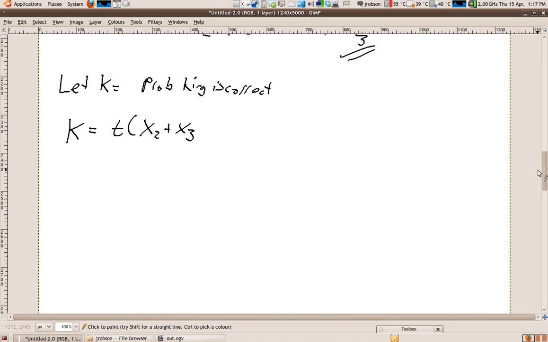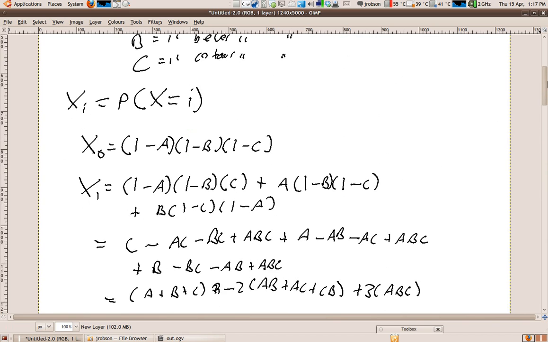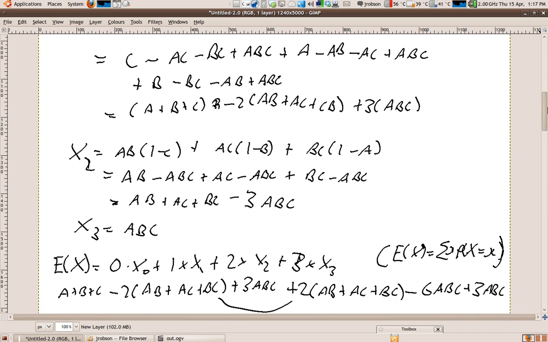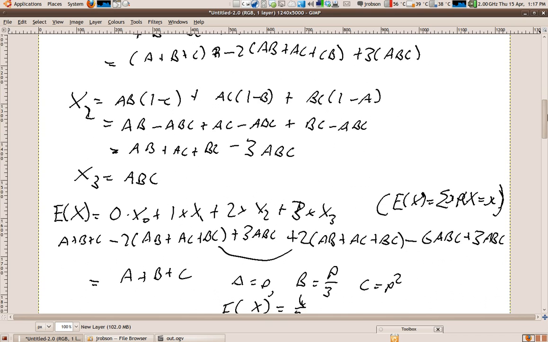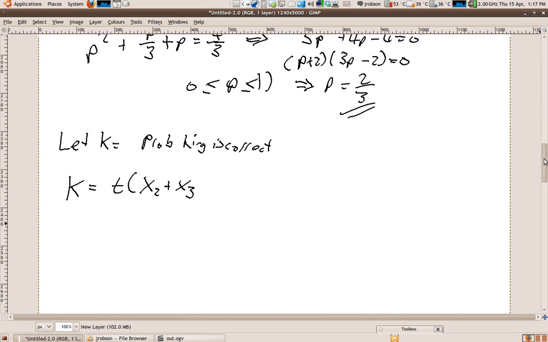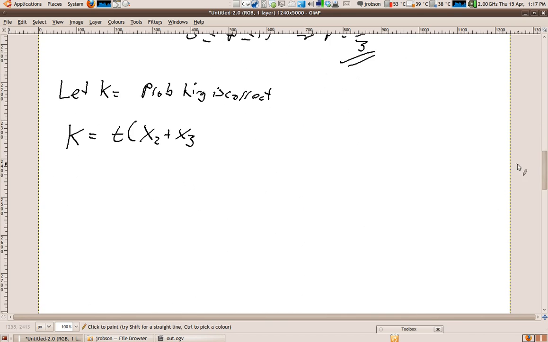Just to remind you, x2 and x3 were defined as the probability that judges give 2 verdicts and 3 verdicts. So x2 plus x3 is the probability of giving 2 or more verdicts. Then plus 1 minus t, which is the probability that the defendant is innocent, times x0 plus x1, which is pretty much the probability that the king says that the person is innocent. Okay, that's kind of clear.